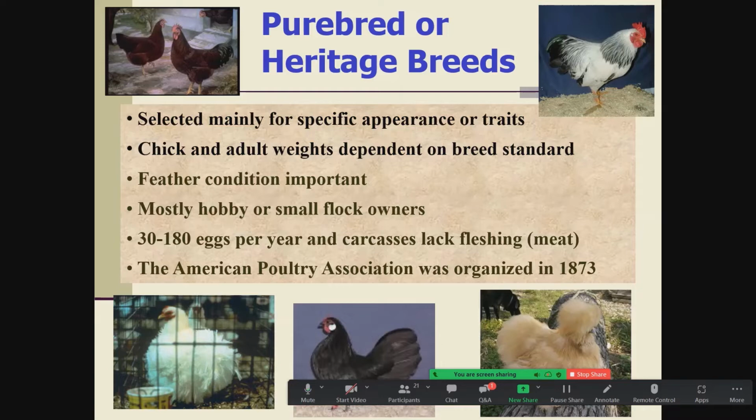The American Poultry Association, which started in 1873, is sort of the grandfather association that takes care of and sets the standard for all the purebred chickens and turkeys, ducks, geese, things like that. So all these purebred fancy birds you see at shows, like a county fair or maybe a farm show, are the purebred heritage breeds.